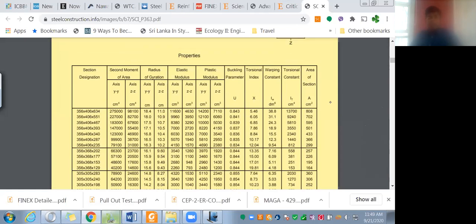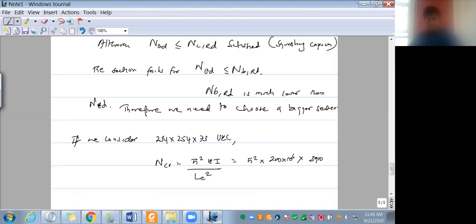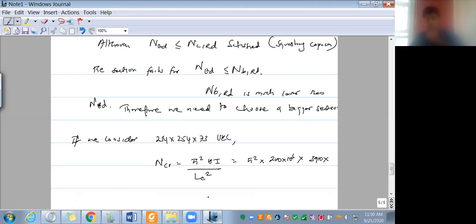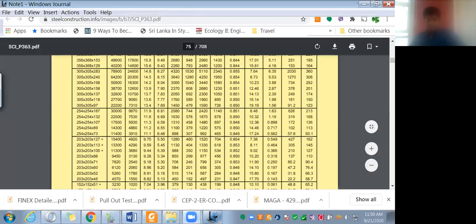If you look at the table for the 254, 254, 73 section, the second moment of area about the weaker axis is in this row, 3910. So that is 3910 into 10 to the 4, since I is given in centimeters to the 4.